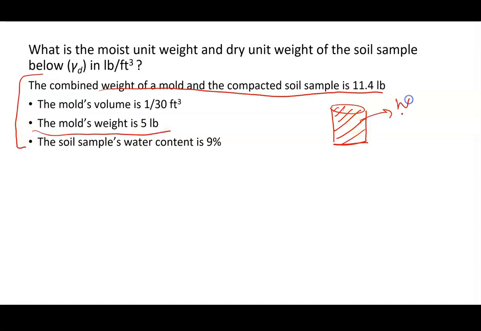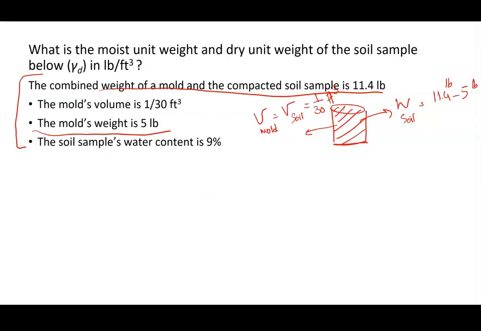So weight of compacted soil is 11.4 minus 5 pound. This is a standard mold, so we know volume of this mold, which is equal to volume of soil, is 1/30 of a cubic feet.